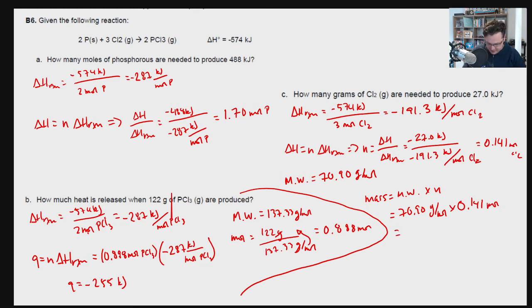And so 70.9 multiplied by 0.141 comes out to being 9.997 grams, which I think is what I have. 10 grams. Yeah, exactly. Same thing. And so that's how you do that.